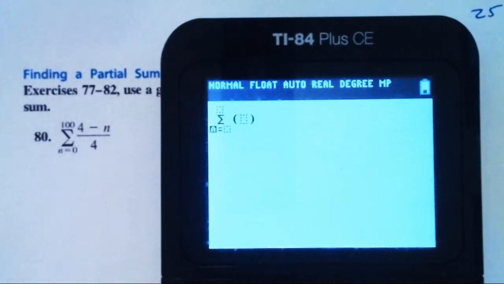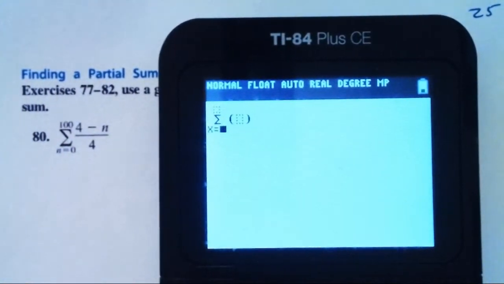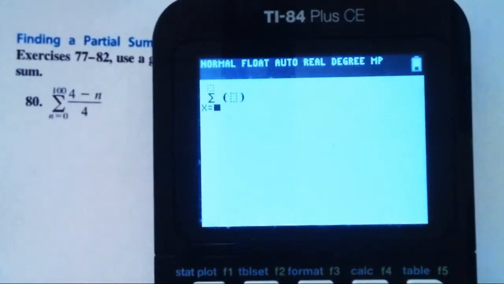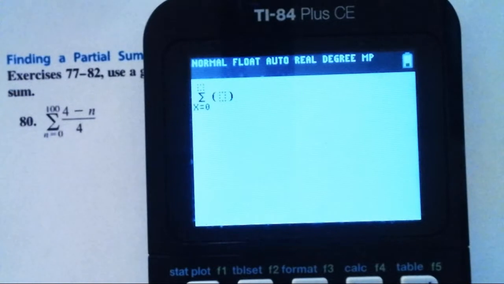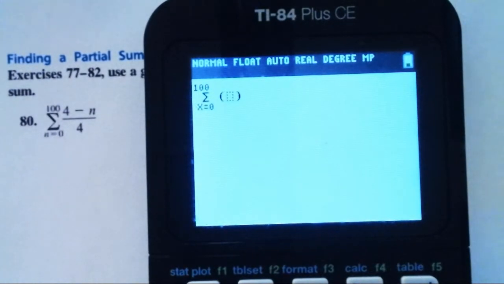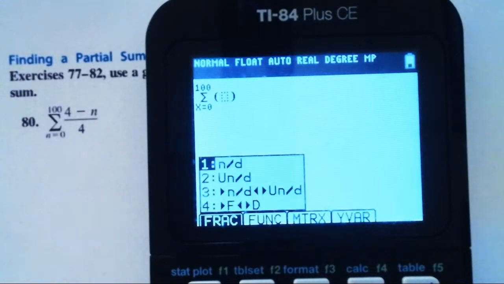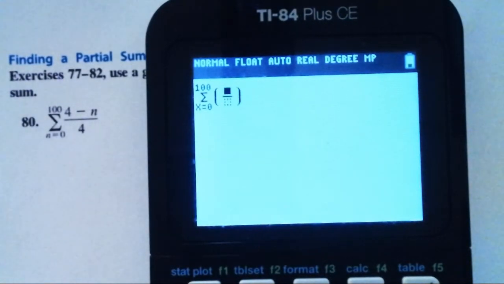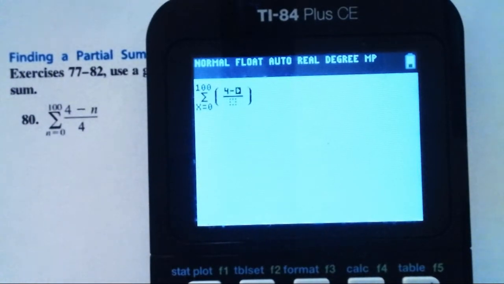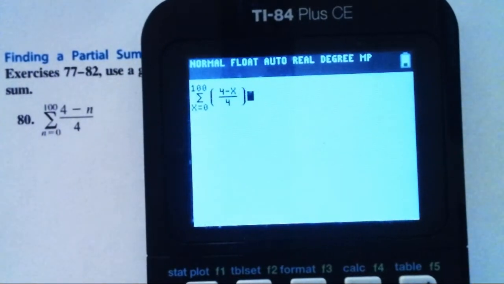So I've got x equals, just cursor around over here. I get 0, cursor up to 100, cursor over. I'm going to enter a fraction here, alpha y equals, and I'm going to go 4 minus n, or 4 minus x, as the case may be, over 4. And I'm going to enter.